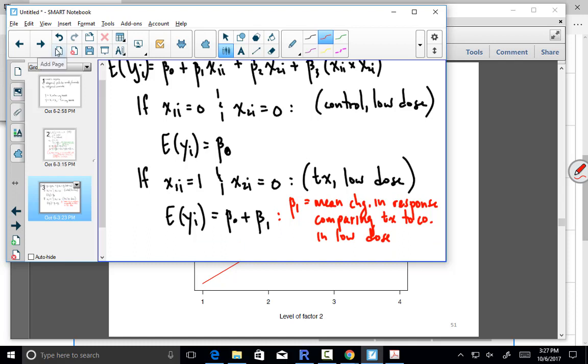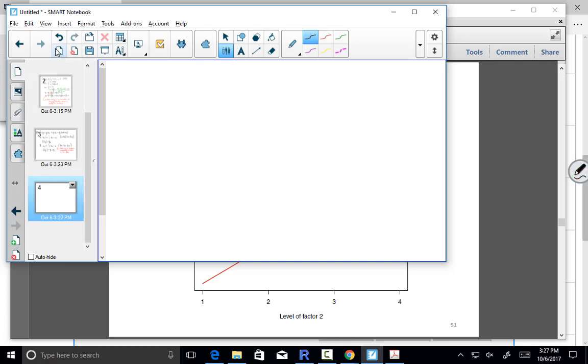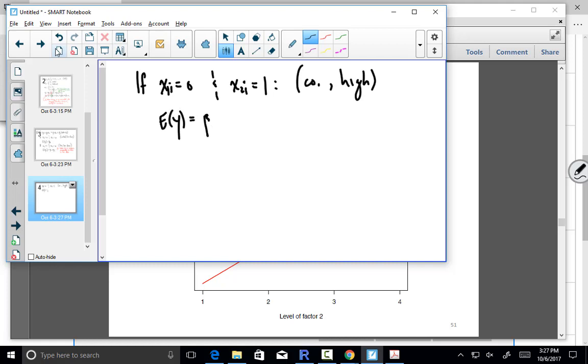Let's write out the other combinations. If x1i equals 0 and x2i equals 1, that's control group, high dose. According to our model, the mean for that category is beta 0 plus beta 2, period.